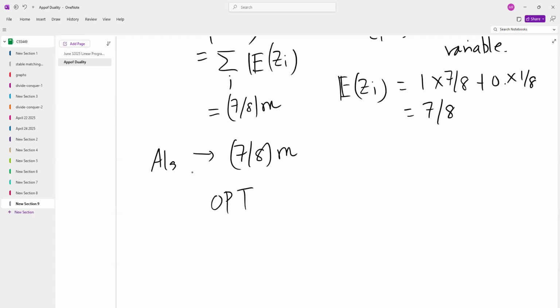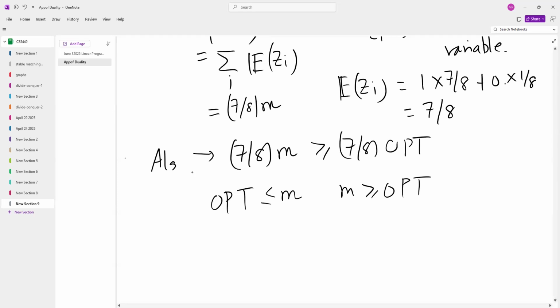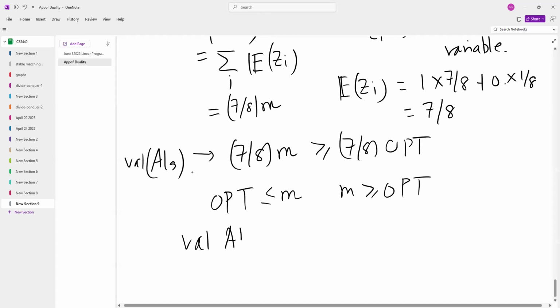So this is going to be some value at most m, and that means m is at least the optimal. So this is at least 7 by 8 times the optimal. Right? And that tells us the value of the algorithm is at least 7 by 8 times optimal.